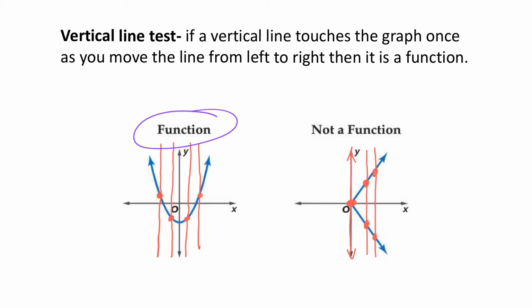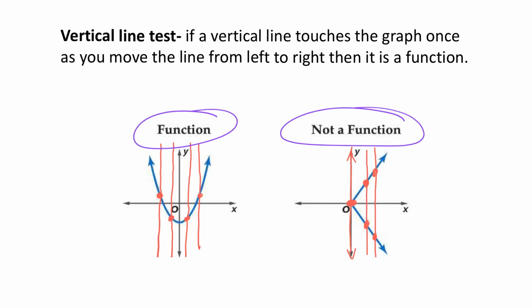That's why it's not a function. When this line moves to the right and becomes this line, it also touches 2 times. So if you move the vertical line along the graph and it touches twice anywhere, then you say that is not a function.